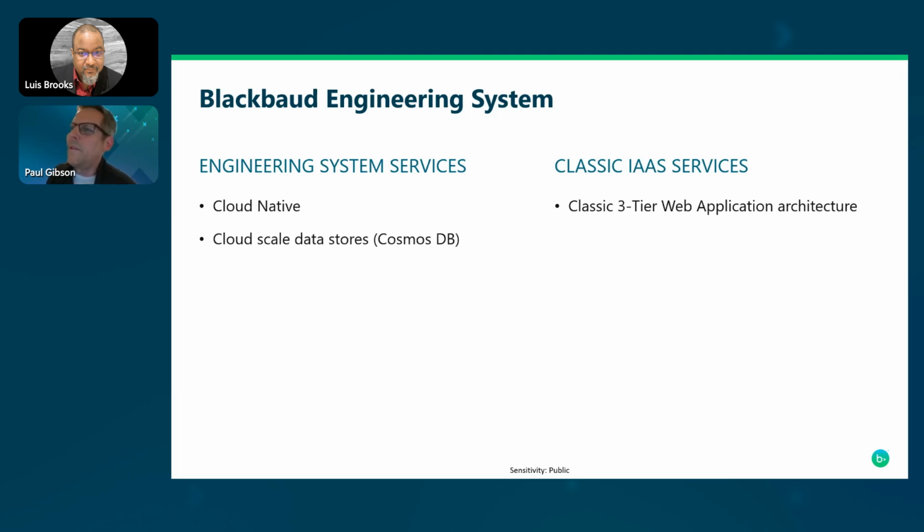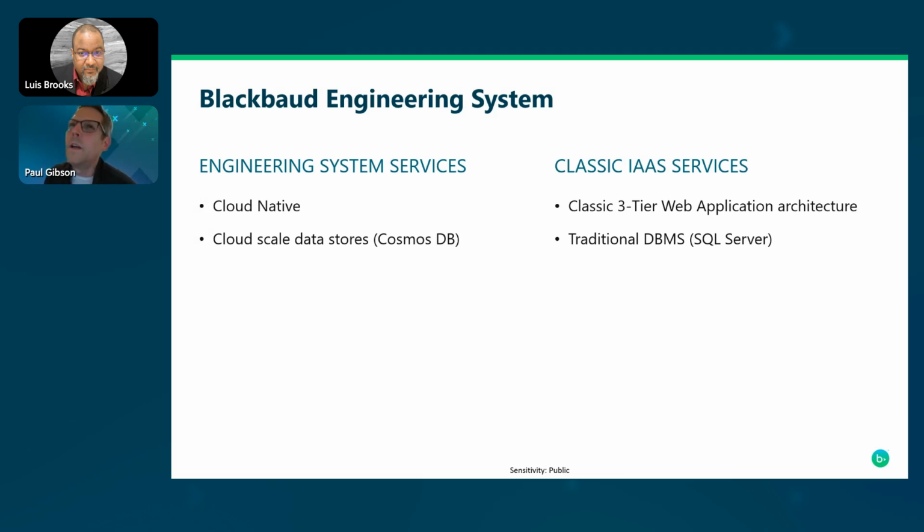These cloud native things have built into them the cloud scale concept. So Cosmos DB has a very elaborate system around partitioning. It's almost like they've built the concept of pods into their native stuff, so we don't have to homebrew that anymore. It's just built in. Whereas the classic IaaS stuff was traditional database management systems, and if you want to run those at scale and multi-tenant, there's quite a bit of chores you have to do.